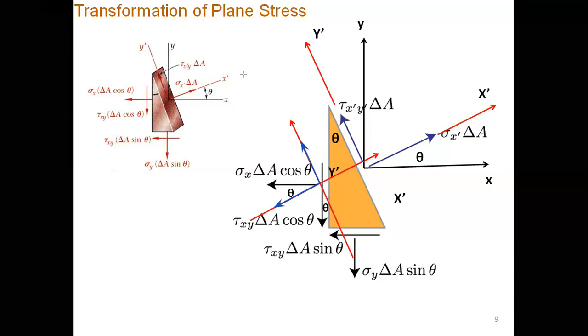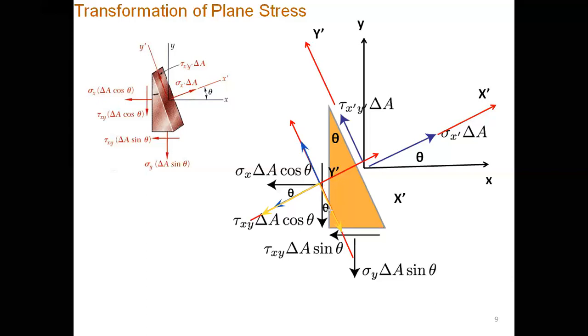And similarly, if we resolve the shear into its rectangular components, this angle is theta, this is 90 minus theta, this is 90, so this angle is theta. So into its rectangular components, one component is along the x prime axis, it would be negative, and the other component would be along y prime, and it is also negative here in this case.